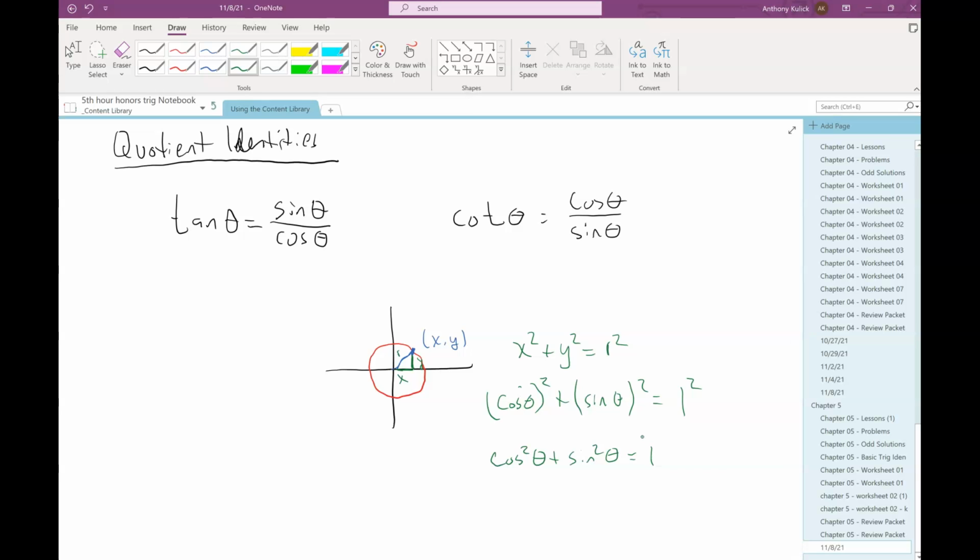Now notice here that the common notation, rather than putting a parenthesis around the whole thing and then the squared, is we put the squared in between the trig function and the variable. That's the common notation that we'll use rather than the two sets of parentheses for clarity's sake.